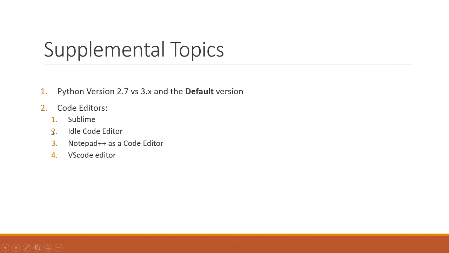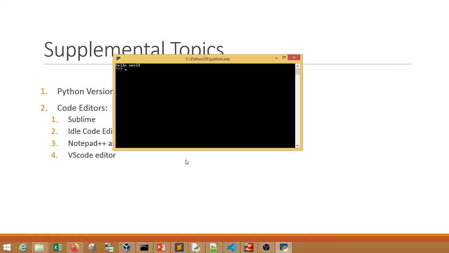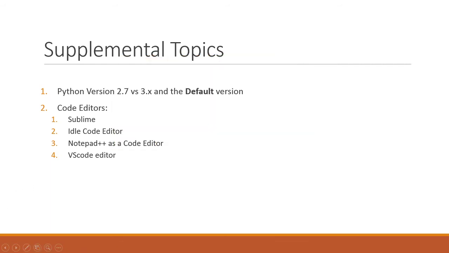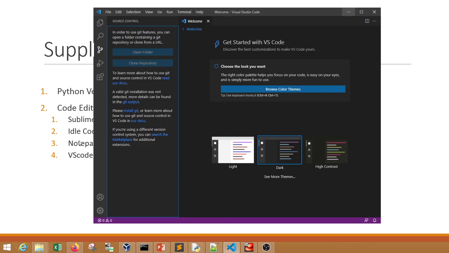Okay, so the last one we're going to talk about is VS Code Editor. So let's go ahead and run the VS Code Editor. Oops, that's not it. VS Code is a Microsoft product, Visual Studio Code. It's very much like Sublime in that you can open a folder, or we can clone a repository.